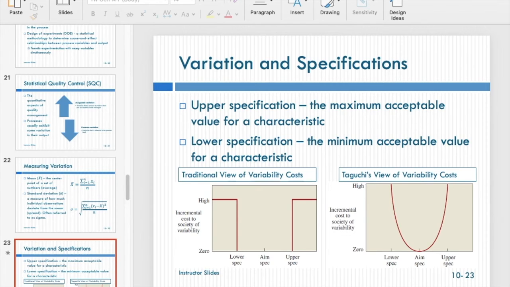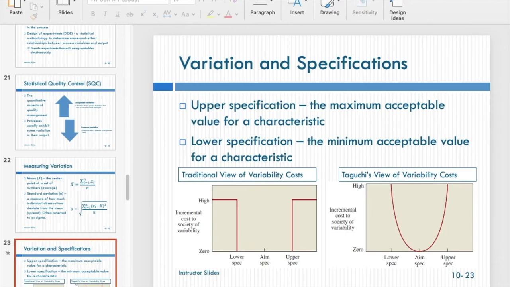But if this product is 10.06, then suddenly we view it as unacceptable because 10.06 is above 10.05. So in the traditional view, only if the product is within this range is it acceptable. If it's above or below this range, it's unacceptable.